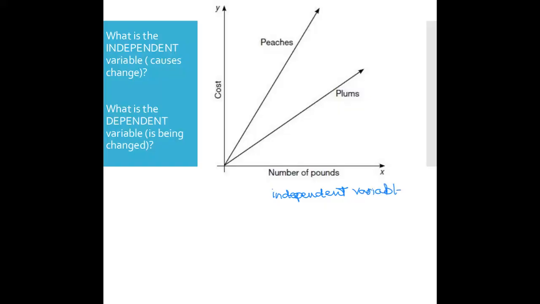This is your independent variable. Which means your dependent variable is over here, the label for the y-axis. All right. So once you have your x, that determines what your y value is. Any questions on that?